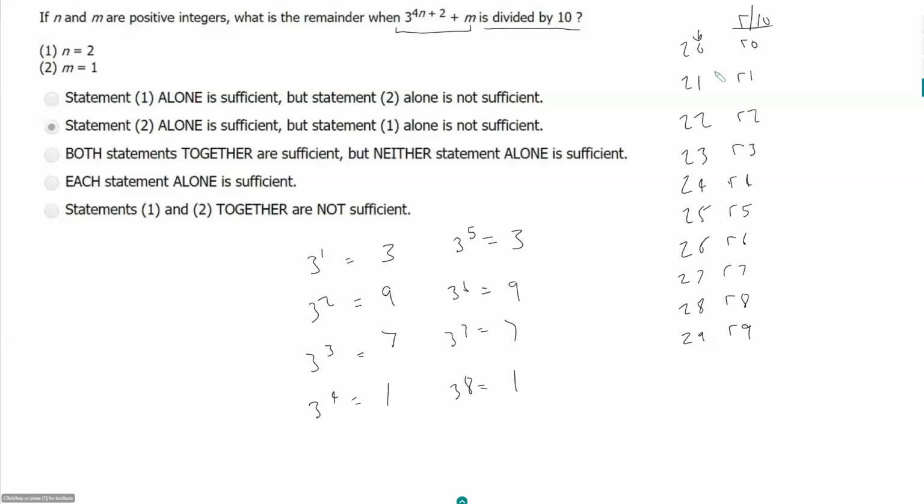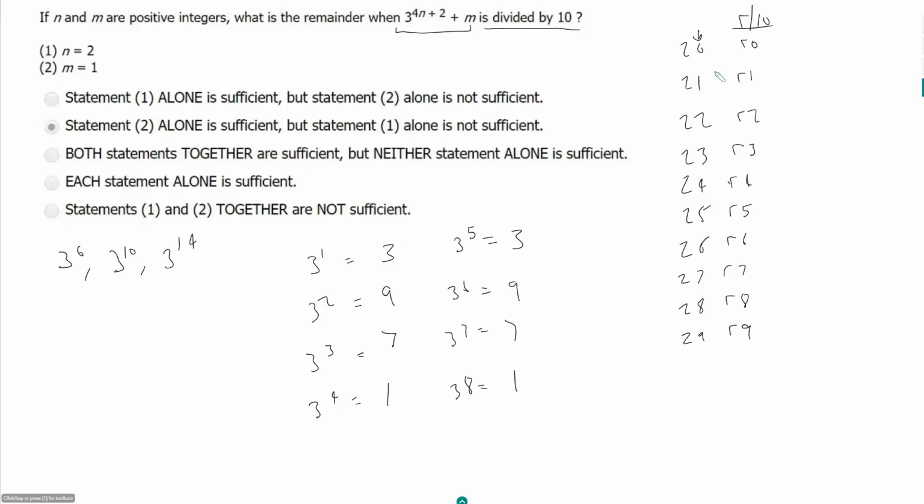If n is equal to 1, we have 3 to the 6th. If n is equal to 2, we have 3 to the 10th. If n is equal to 3, we got 3 to the 14th. So what does that mean?